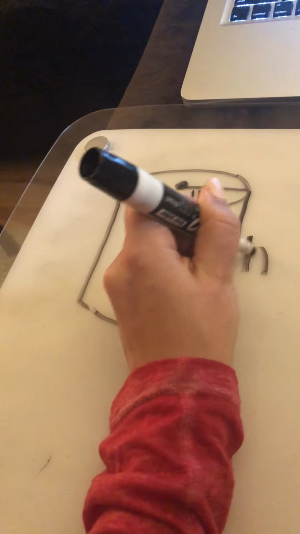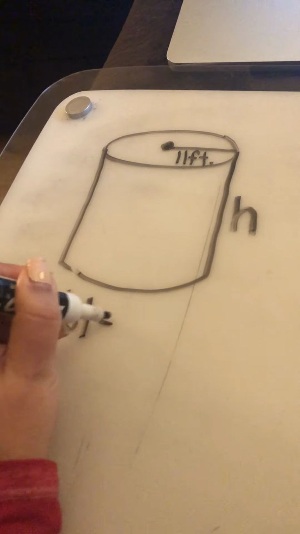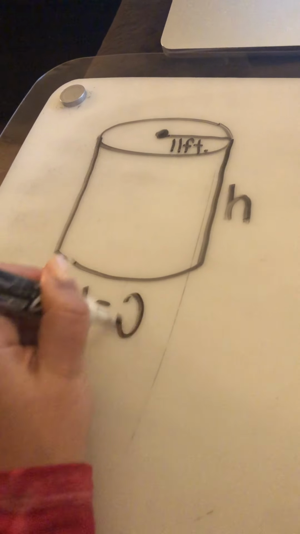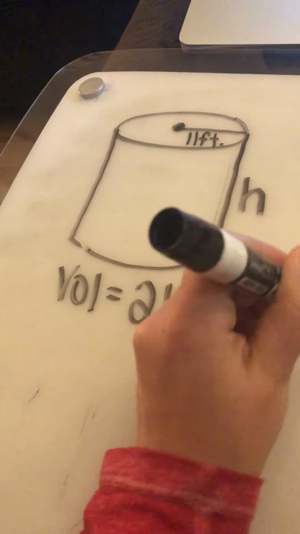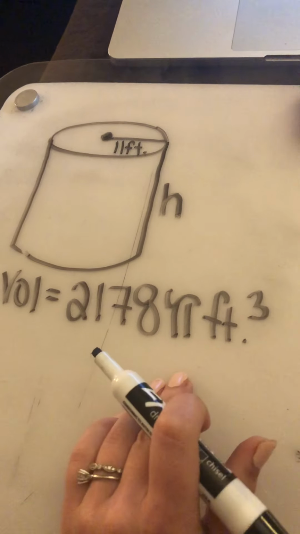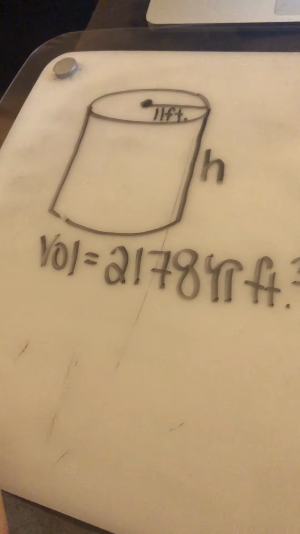So I know that the radius is 11. We don't know the height. And my volume, I'm going to just abbreviate, is 2,178 pi feet cubed. Again, let's identify the information we're given. Even though I just said it, it's always good to write it down.